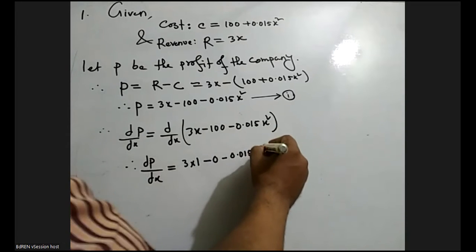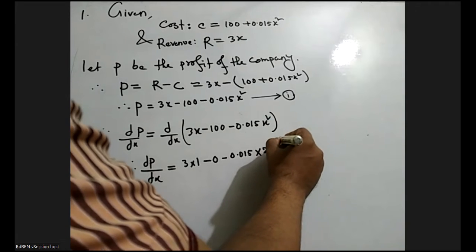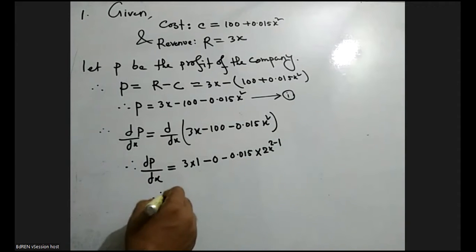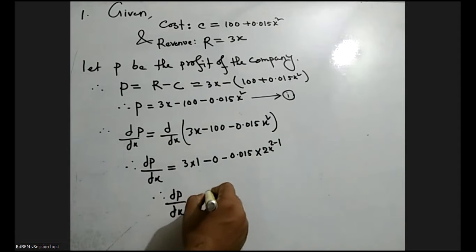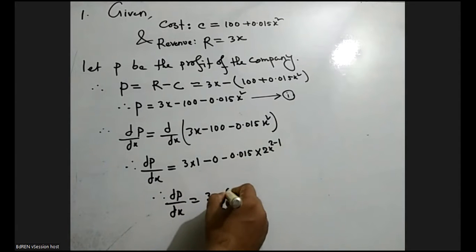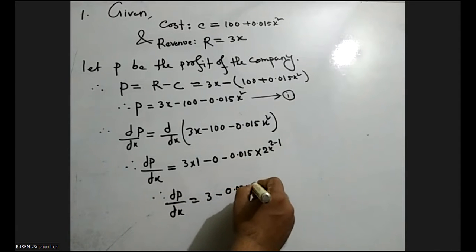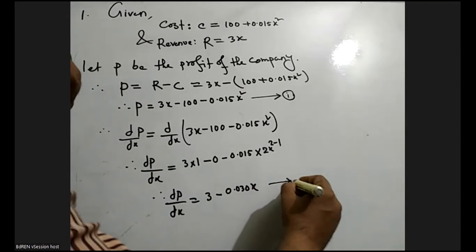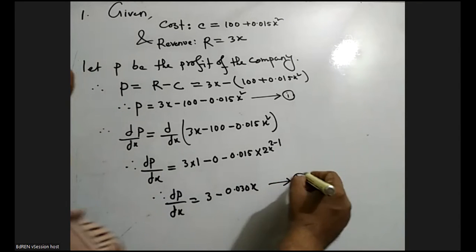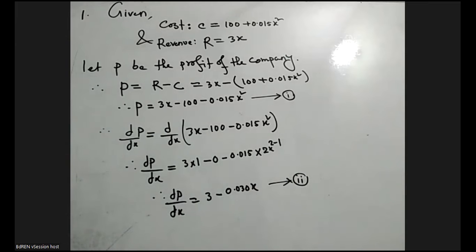So x square differentiation what? X to the power n formula, twice x. Therefore dP/dx equals 3 minus 0.030 x. That means we get the first differentiation equals this. This is equation number 2.